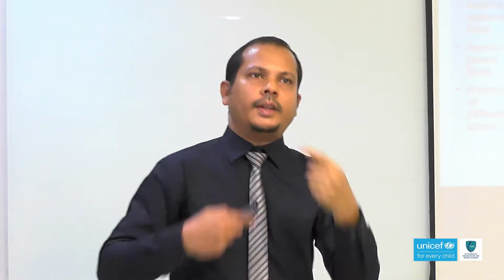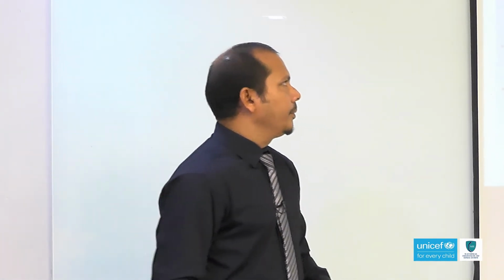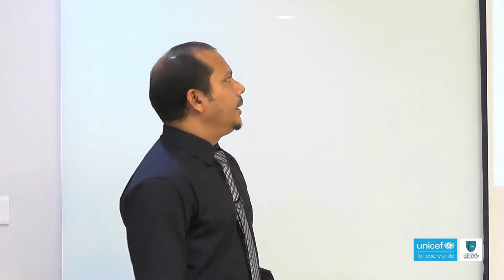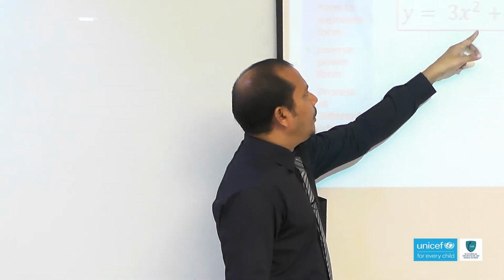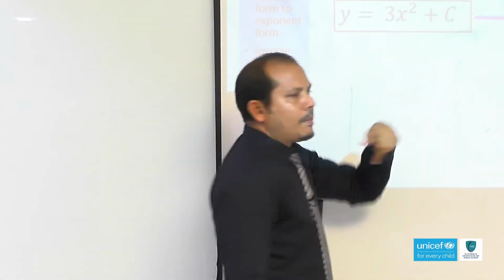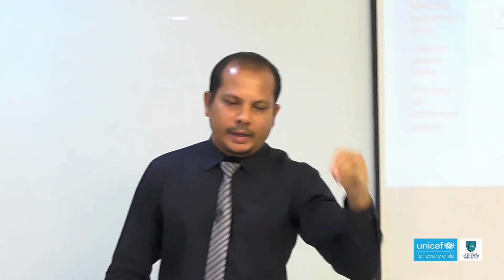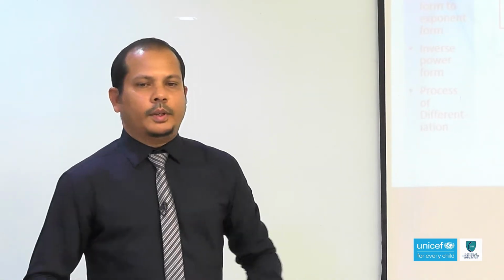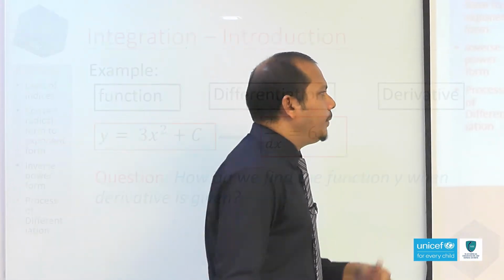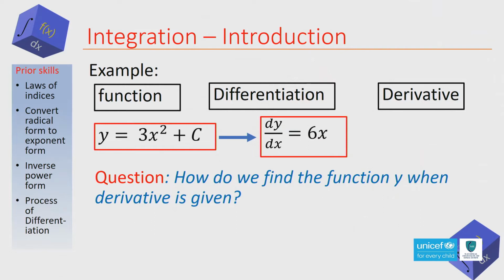If you reverse this, what is going to happen? Let us take another example. This time we take y is equal to 3x squared plus a constant. Now I am writing a constant c, which is an undetermined number, so it could be any real number. We still get 6x. Now let us ask this question: how do we find the function y when the derivative is given?